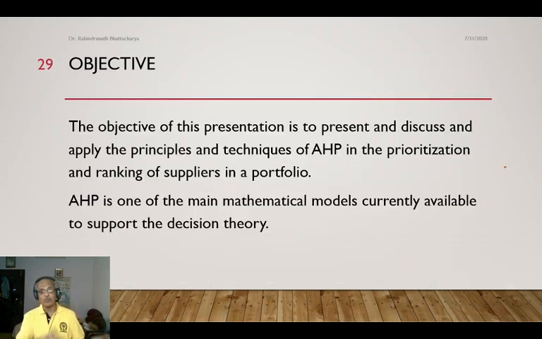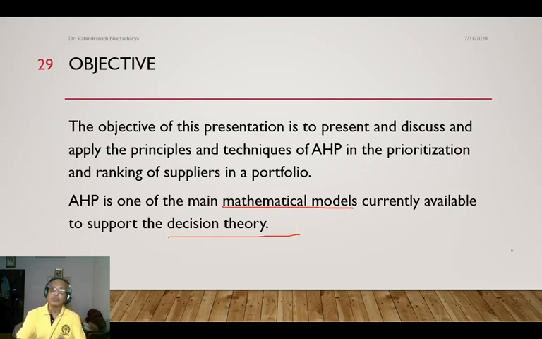So the objective of this presentation is to present, discuss and apply the principles of AHP in the prioritization and ranking of suppliers in a portfolio. AHP is one of the mathematical models currently available to support decision theory.